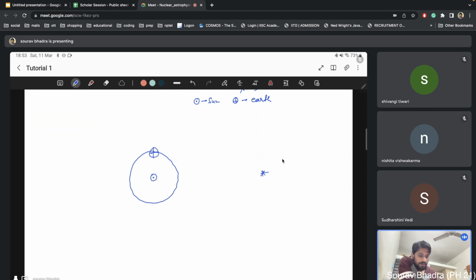The observer sitting on the earth sees the distance like this. Let me call it L. Now after 6 months, the earth will come here in its orbit, a 6 month gap. Ideally I am making it a straight line so that you can easily understand it.